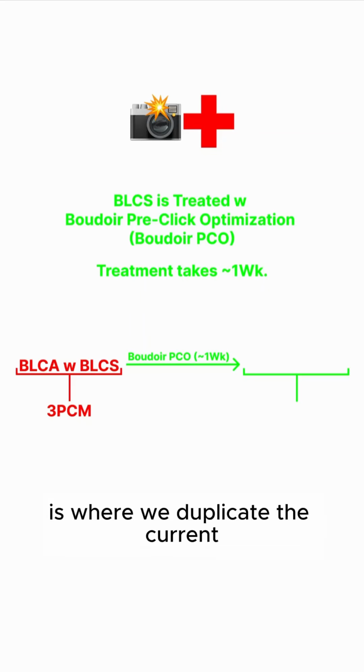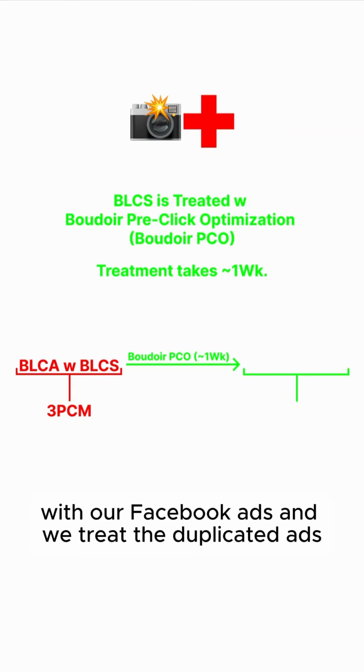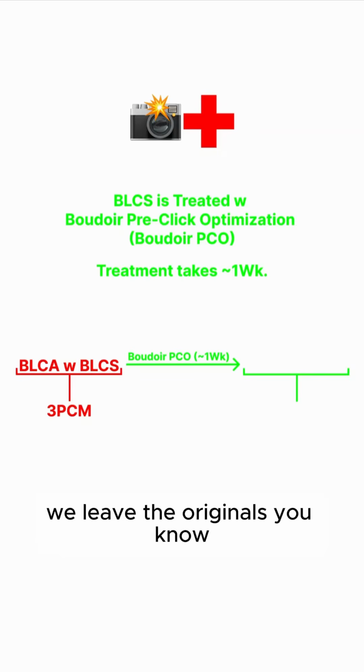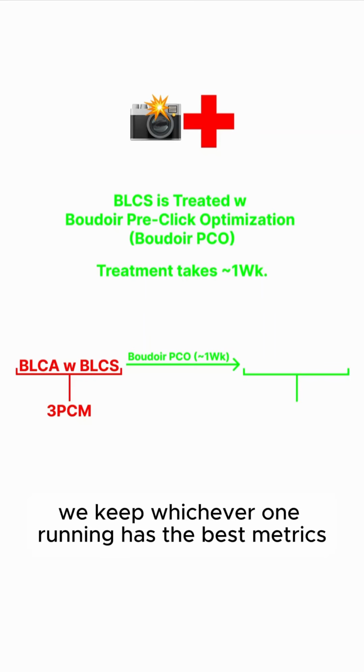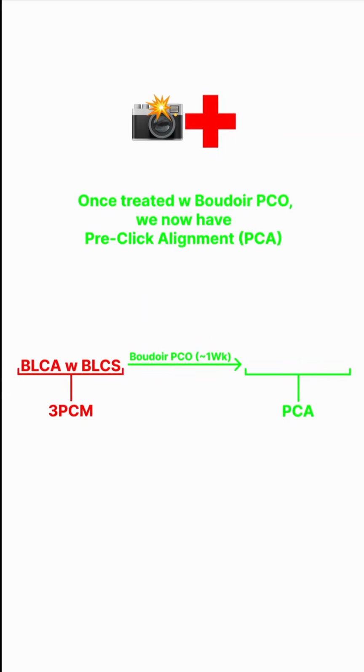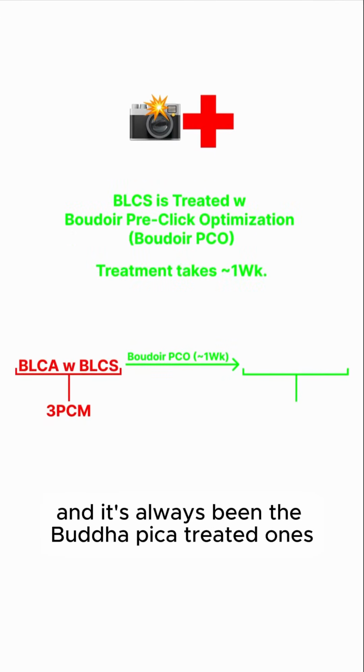This is where we duplicate the current boudoir Facebook ads and we treat the duplicated ads. We leave the originals on or off, whatever. At the end of the week, we keep whichever one running has the best metrics, and it's always been the boudoir Pico treated ones.